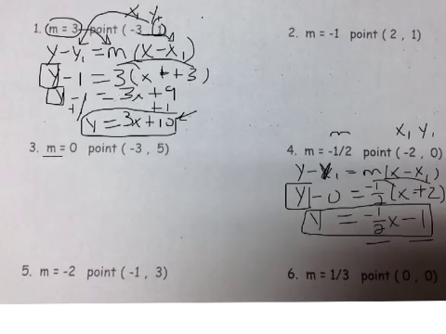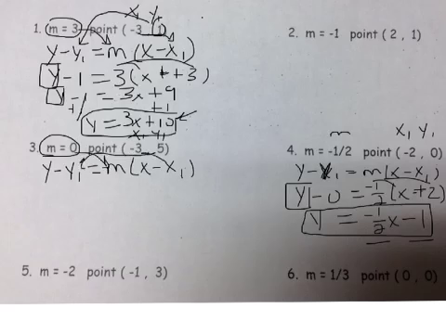Now we'll do one where we have a slope of 0 and see how that affects it. Here's our x1 and our y1. So we have y minus y1 equals m times x minus x1. 0 goes there. 5 goes over here. Negative 3 goes there. So we have y minus 5 equals 0 times x minus a negative 3.